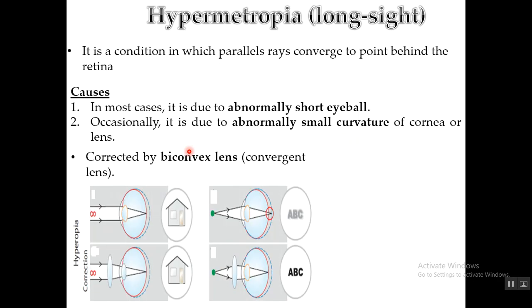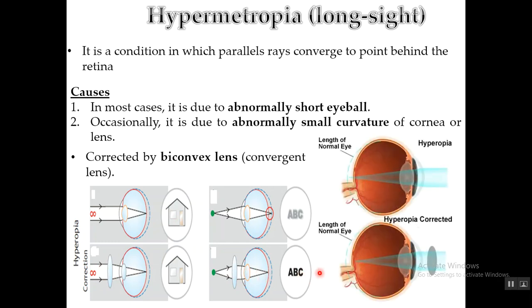It is corrected by a convex lens or convergent lens or plus lenses. He cannot see the near object like this, okay, but sees well the far object, and it is corrected by a convex lens, or positive lenses. Okay, this is the way for correction.